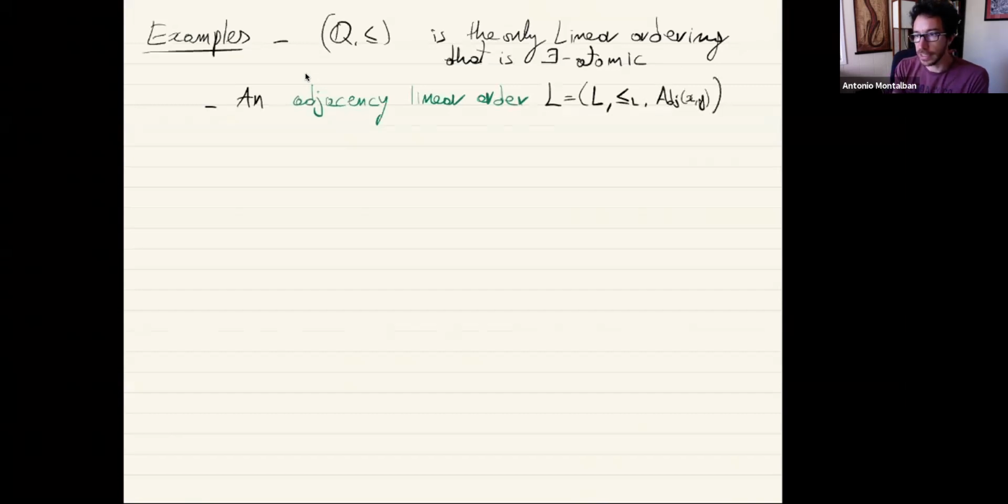So it has an ordering and it has an extra relationship. That's what I call an adjacency relation. It has the extra relationship for adjacency.